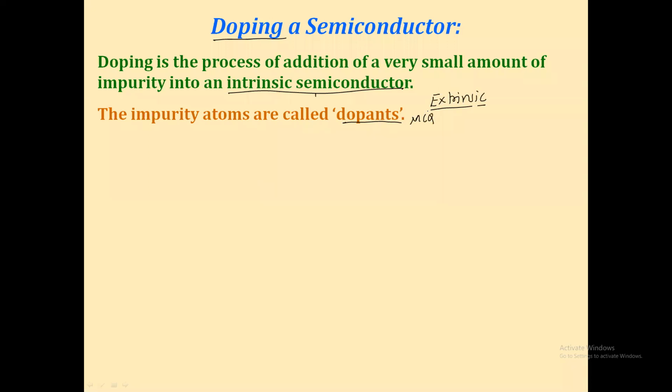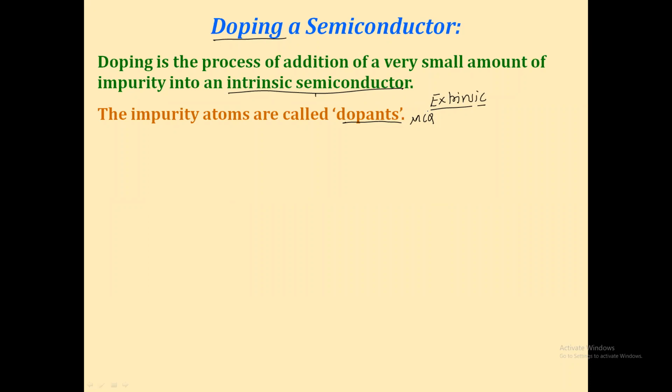Okay. Now, which types of impurity can we add in a semiconductor? As you know, the semiconductor has 4 valence electrons. So you can add either a pentavalent impurity, meaning 5 valence electron impurity, or a trivalent impurity, meaning 3 valence electron impurity, in a pure semiconductor material. And it depends upon which type of impurity is added.